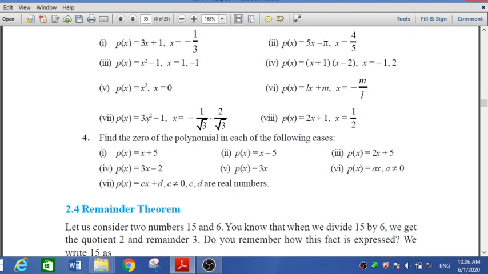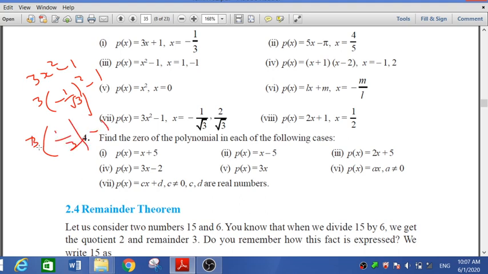Now the seventh sum, 3x square minus 1. Now x is equal to minus 1 upon 3, whole square. So 3 times minus 1 is 1, root 3 is 3.